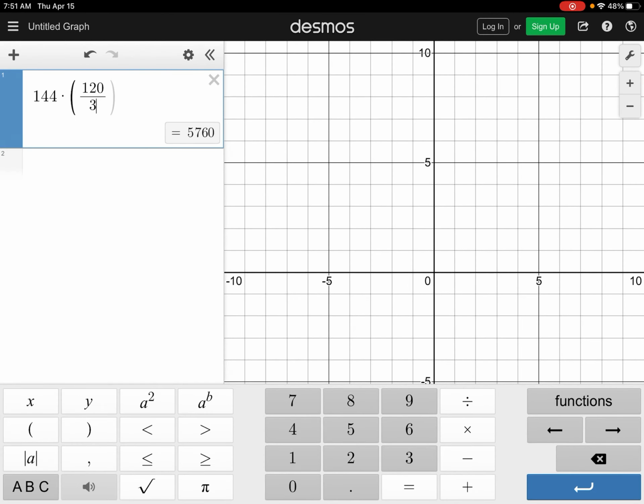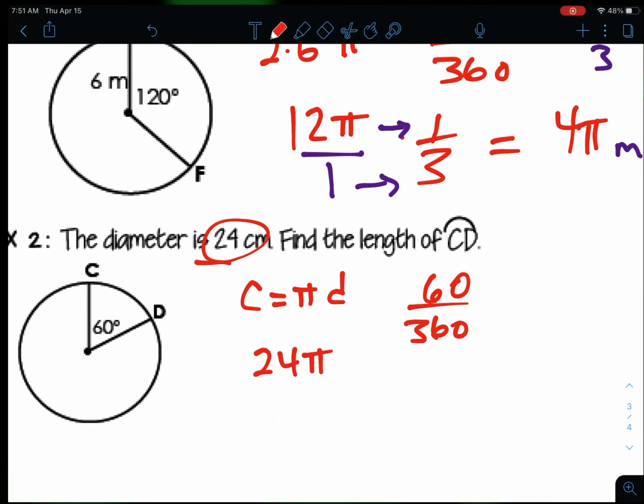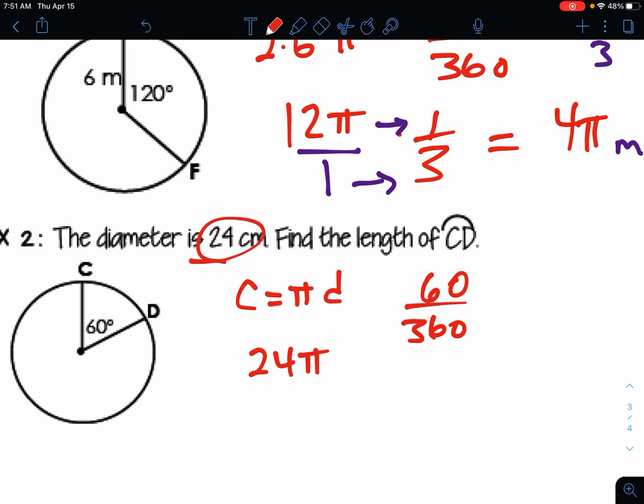We'll do 60 divided by 360. That's our decimal. And then we're going to multiply that by 24, which in this case gets us 4 again, right? So when we just multiply this whole thing out, it gets us 4 pi. And it does give us centimeters there, okay?